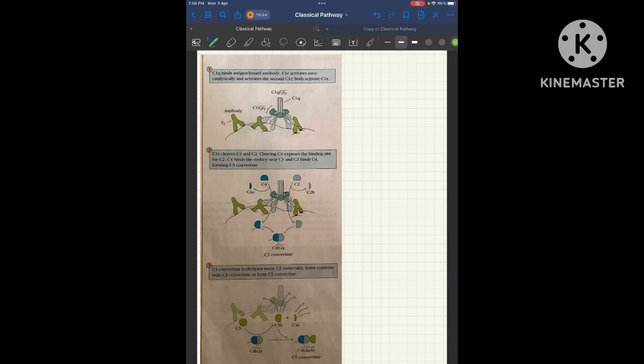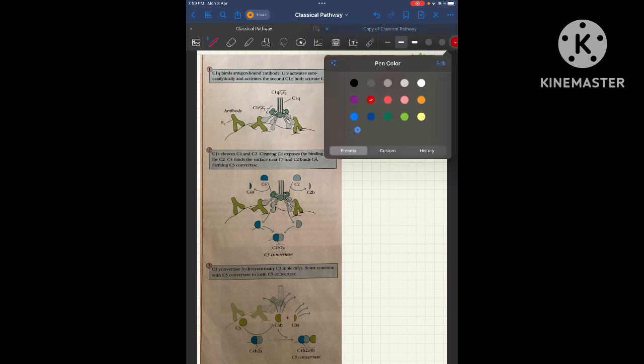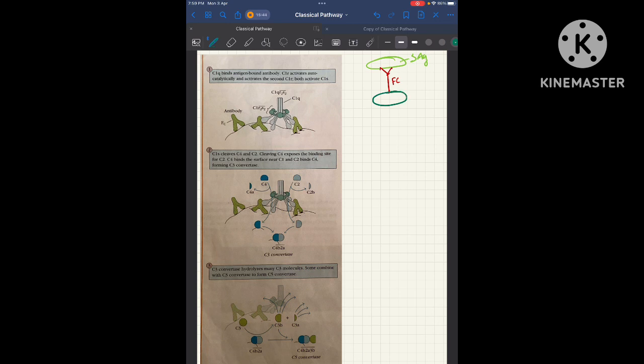Anyway, the initial event, as I discussed: this is an antigen. An antibody recognizes and binds to the antigen. Once the antibody is bound, the Fc portion gets exposed. To that Fc portion, the C1q macromolecule will come and bind.